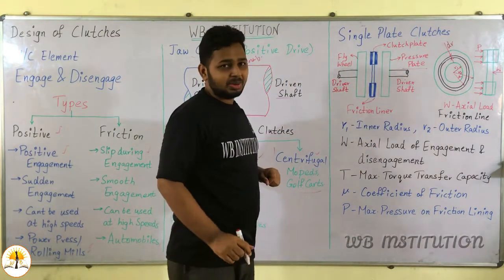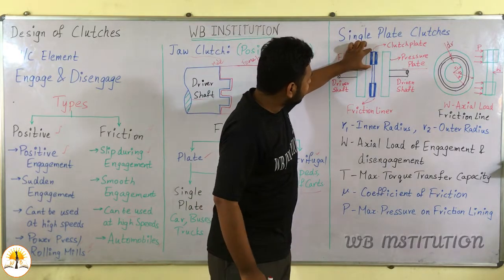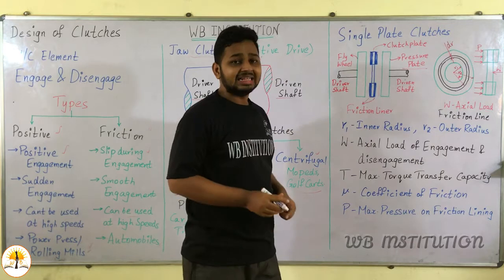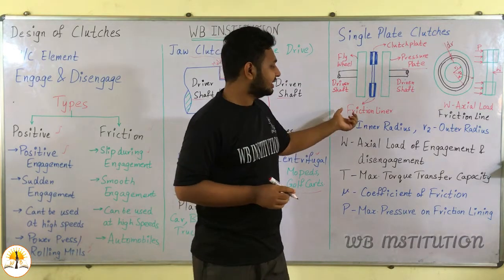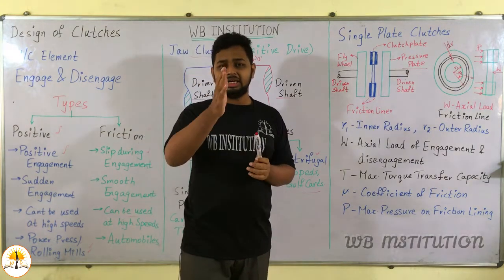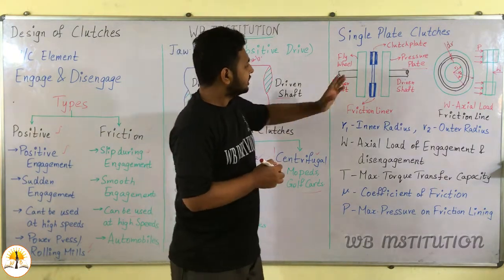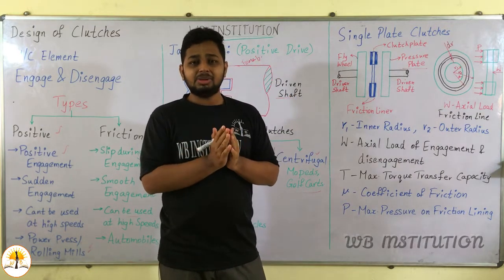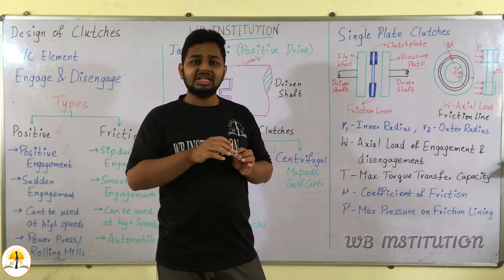Now in this clutch plate, we can see an area of maximum width, which is given by a friction liner. So the friction liner is used between two plates. There is one plate here and there is the other plate. In between there is a plate which has a friction liner.